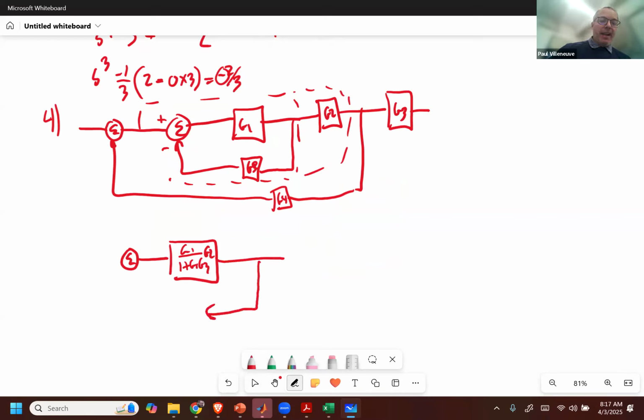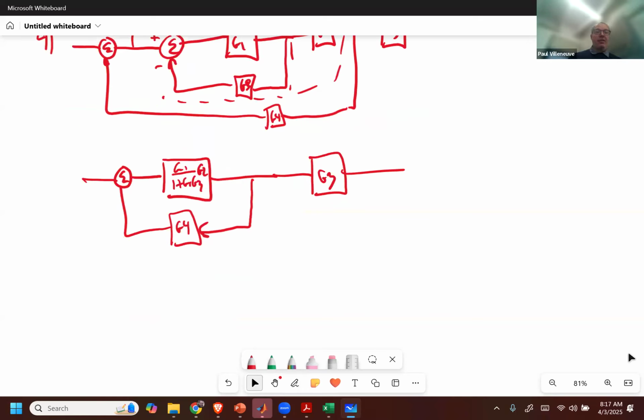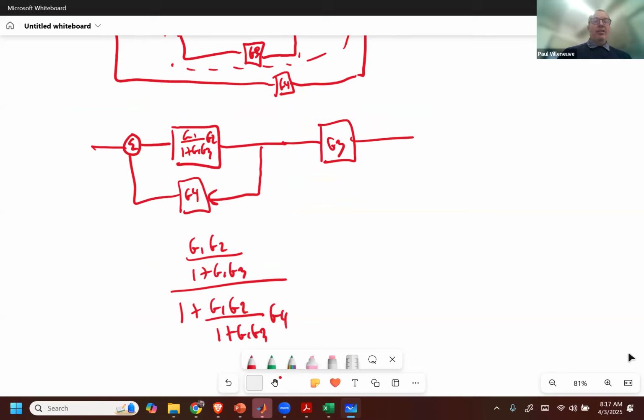Now I have a feedback path. This is G4, and this is G3. Now I've got another feedback path. So G1, G2 over 1 plus G1, G3, all over 1 plus G1, G2 over 1 plus G1, G3 times G4 is the equivalent of that.